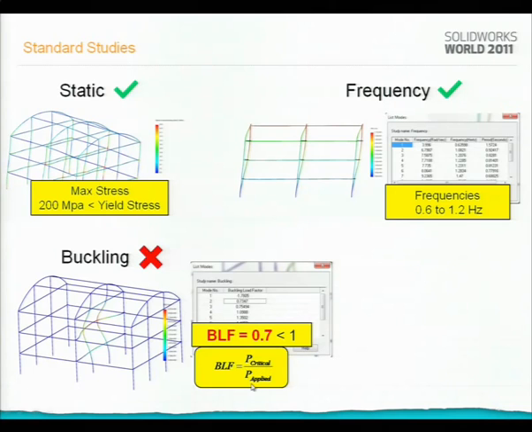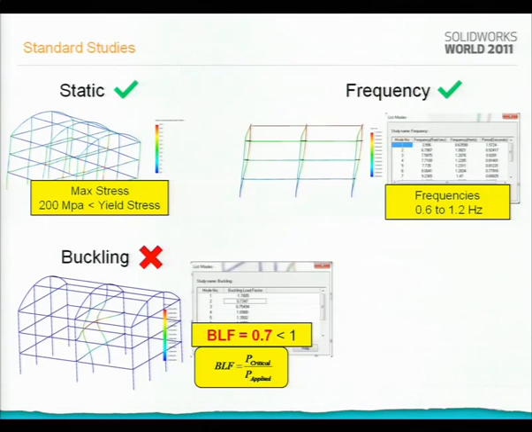So what happens if the BLF is less than 1? That means that the applied load is greater than the critical load. So actually it's buckling. What would you do in this case? We have to make a decision because we're engineers.